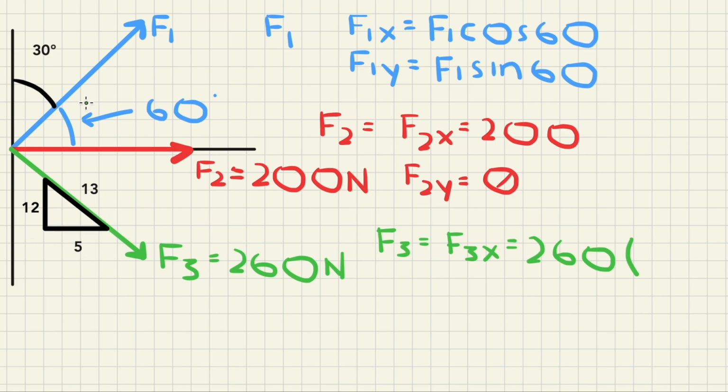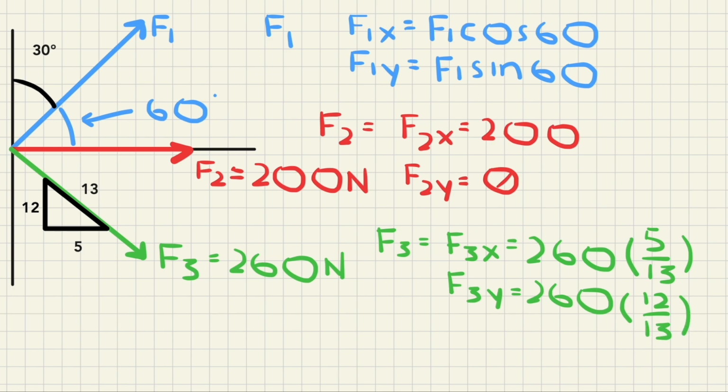So I'm going to do 5 over the hypotenuse of this triangle, which in this case is 13. And that's going to give us the ratio of how much is going in this direction. And then same thing with my y, 260. And then this 12 is going in the y direction, so we're going to write 12 over 13. And that's going to give us our ratio for how much is in the y direction.